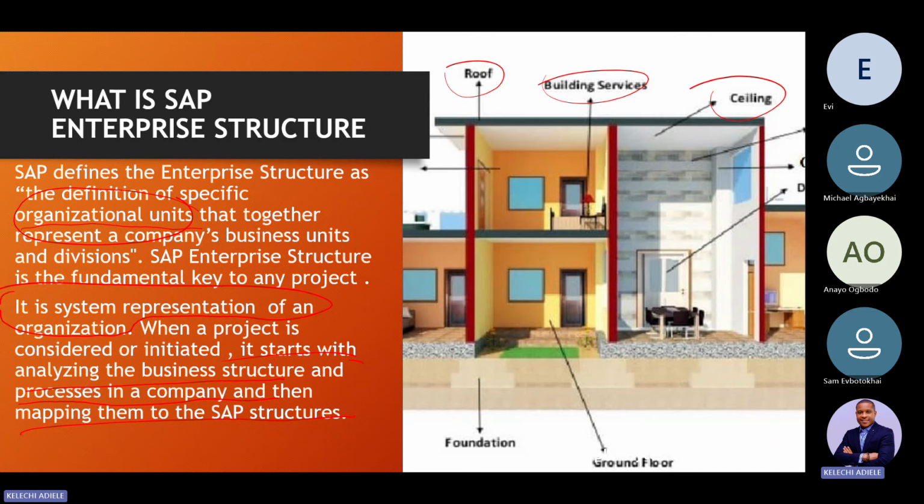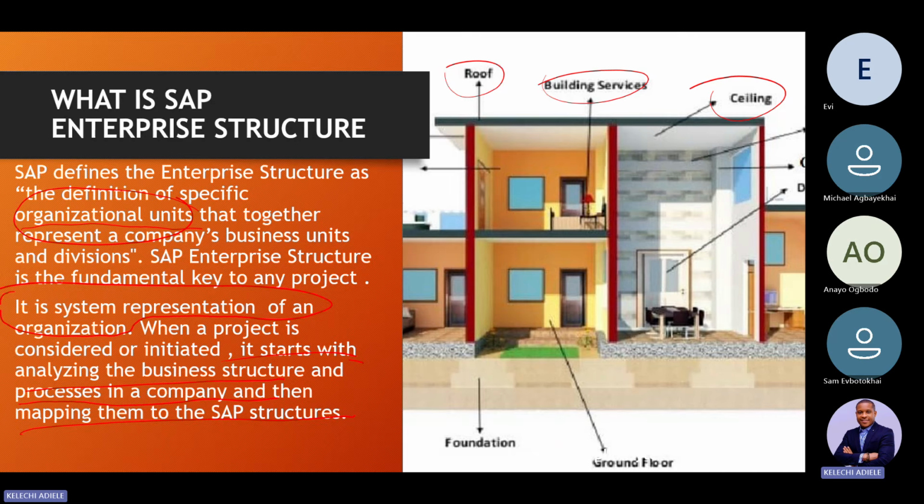So like I've been saying, in our last class when we talked about careers in SAP, I was emphasizing understanding business and understanding systems. You see why understanding business is important.